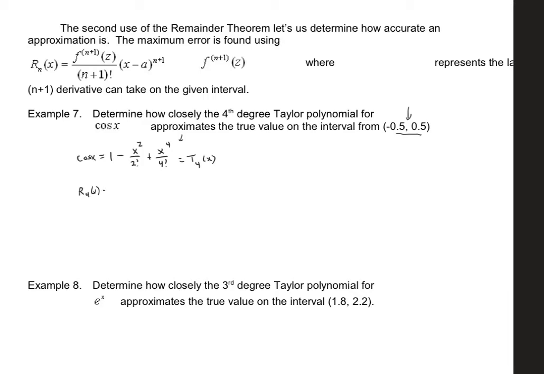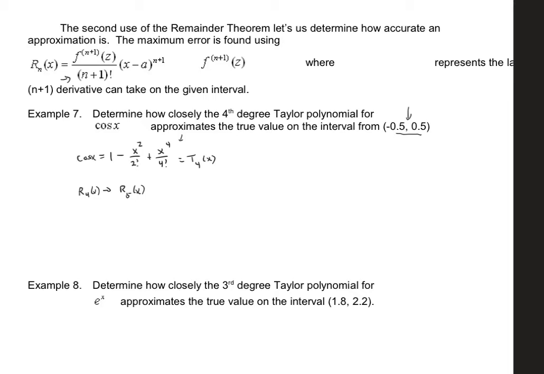So we could go to an R sub 5 of x and get one little extra boost from our factorial in the denominator, which will allow us to get a little bit more accuracy that way.